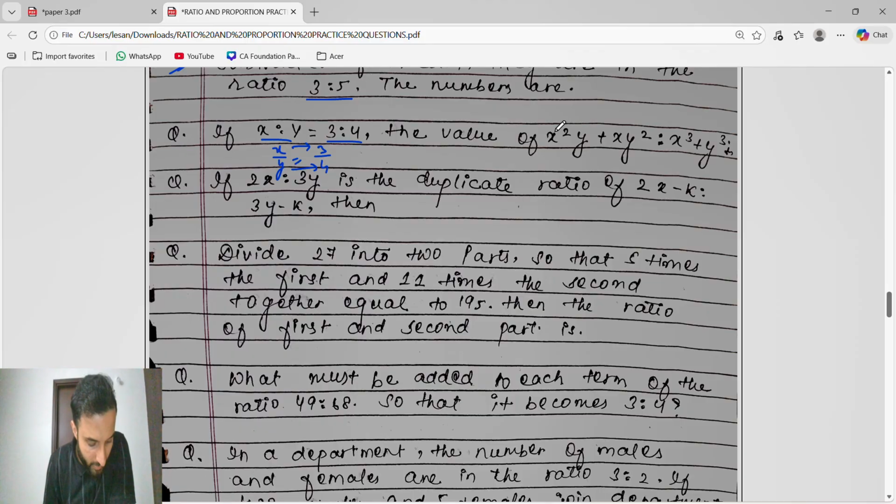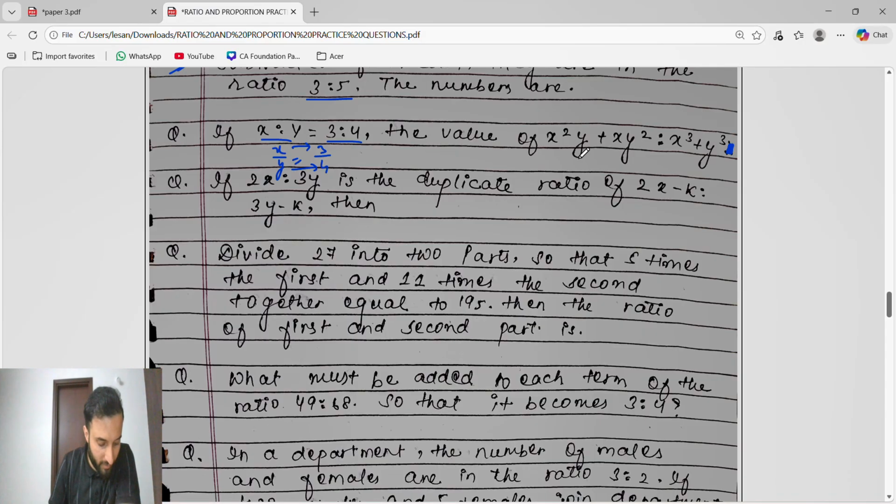X square y plus x y square divided by x cube plus y cube. Try to solve this one, because this we already know guys, right? X by y equals 3 by 4, so x is 3, y is 4. So we know this. Just substitute the value.